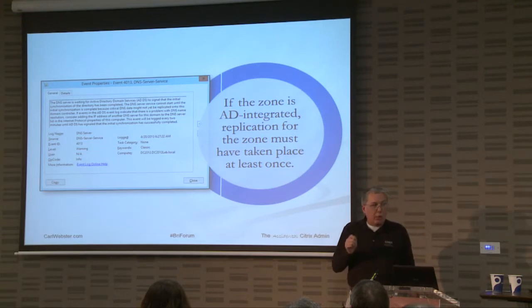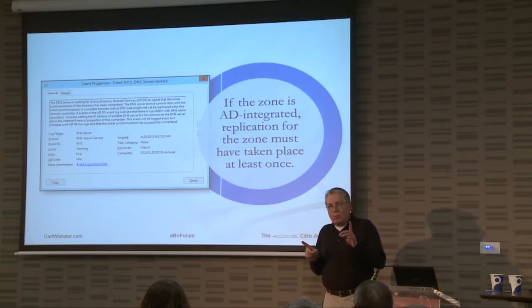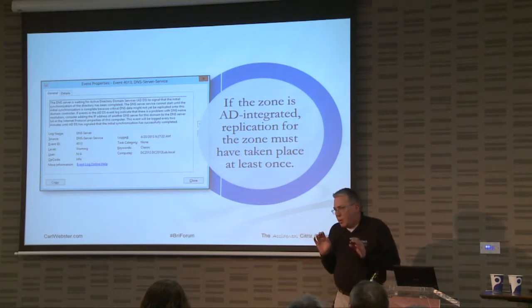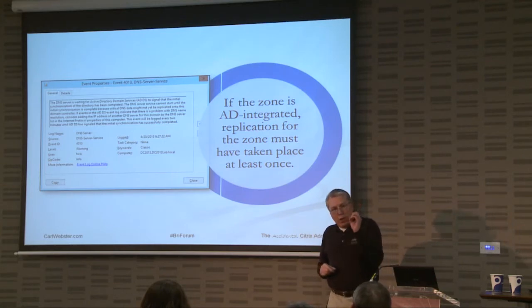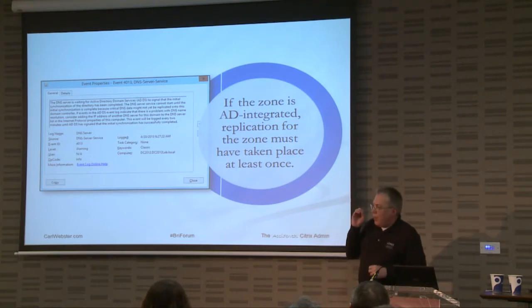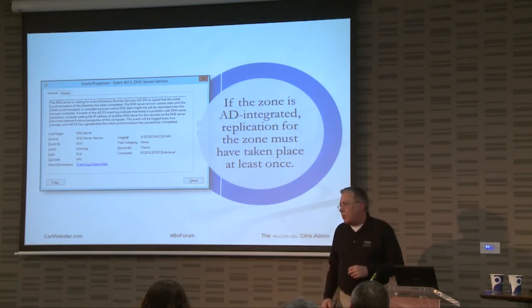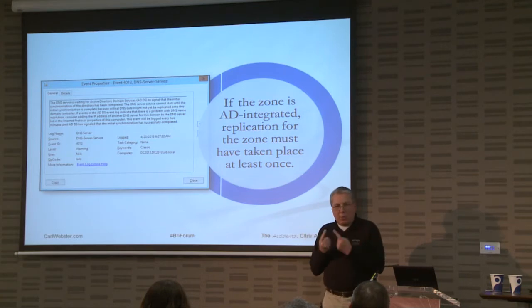So once you enable aging and scavenging, it is possible, because the DNS server that registers the resource record sets the timestamp, that you could have DNS server 1 register the record on April 13th, and then DNS2 could have registered the record on April 22nd. And now you get 2 DNS servers, because timestamps are not replicated by default. They don't know they're different.